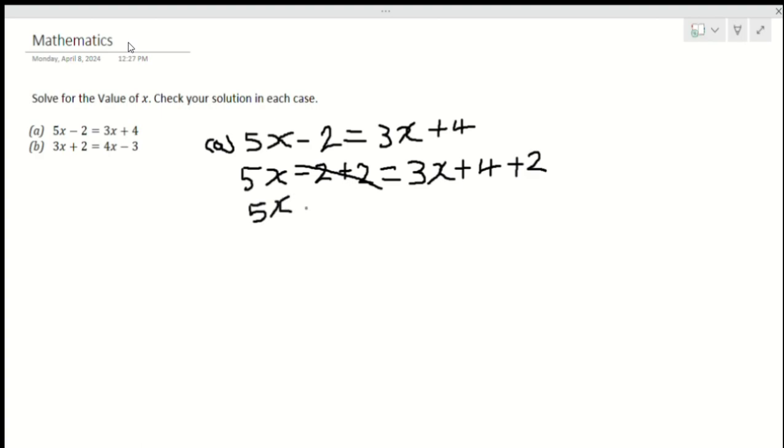And that would equal 3x. Now I can just add the 4 to the 2 here. 4 plus 2, that's 6. So that would be plus 6.